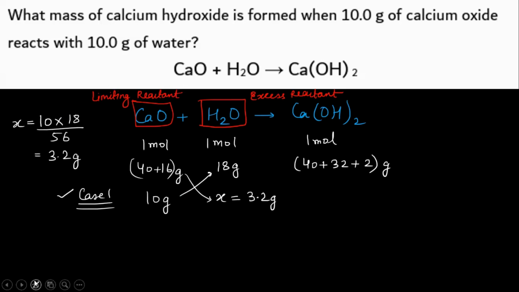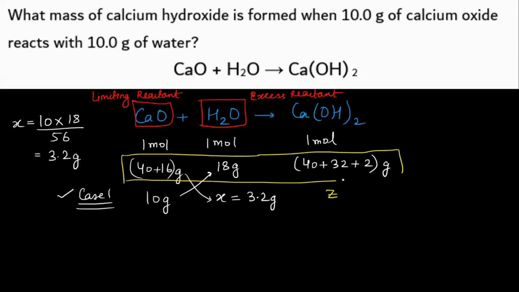To find the amount of calcium hydroxide produced, let's assume this is Z. To find Z, we can use the reference line and the unitary method.